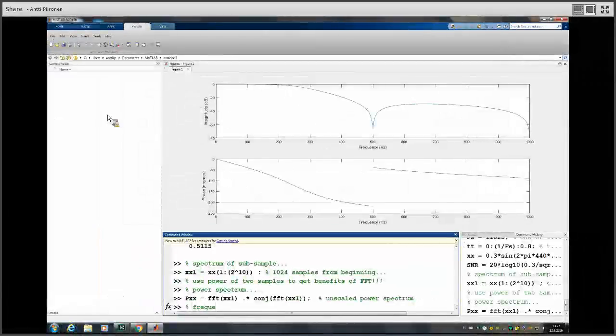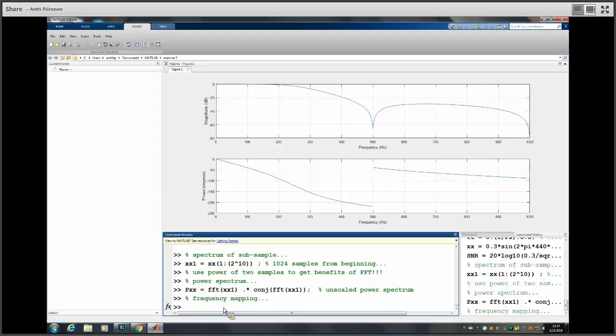Frequency mapping. We have 1024 points also in discrete Fourier transformation, and the first frequency is 0, the last one is almost the sampling rate. Not quite. Okay, but the frequencies there, ff, they have 1 to 2 to the power of 10.